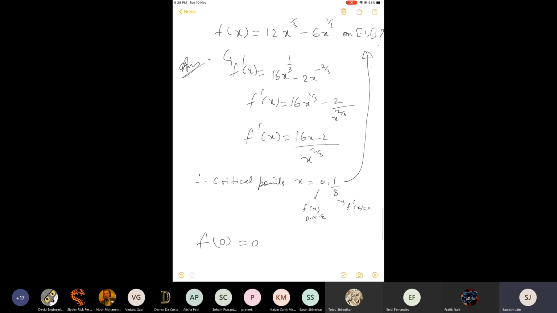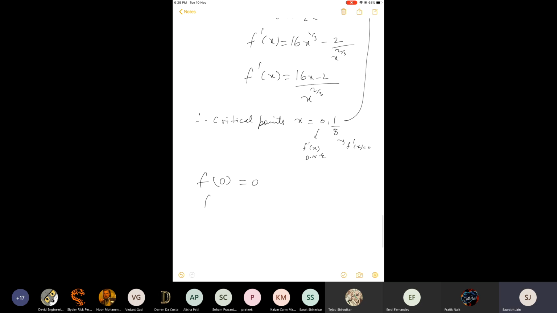So when you put x equal to minus 1, it will become 12 times minus 1 to the power 4 by 3 minus 6 times minus 1 to the power 1 by 3. See, whenever there is an odd root or odd power, minus will come outside, and you can write it like this. Here it will behave as plus, because even power is there in the numerator. And 1 raised to any power is 1.